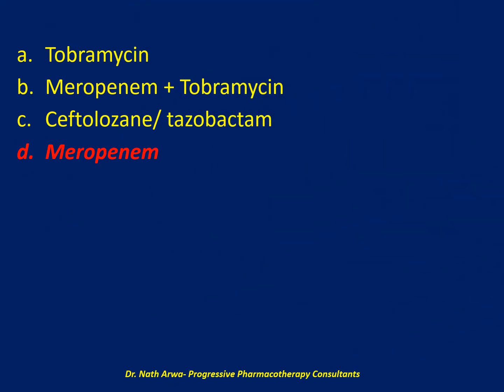I would treat this patient with meropenem monotherapy. Now the current IDSA and American Thoracic Society guidelines for the management of adults with HAP and VAP state that directed treatment of patients with Pseudomonas aeruginosa VAP should be based on antimicrobial susceptibility testing.